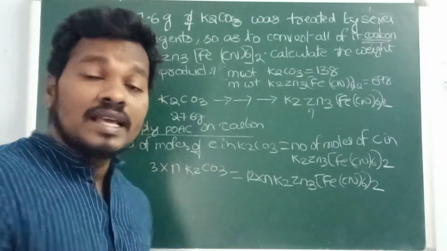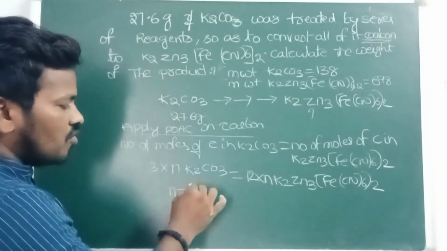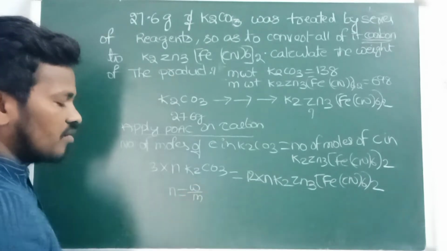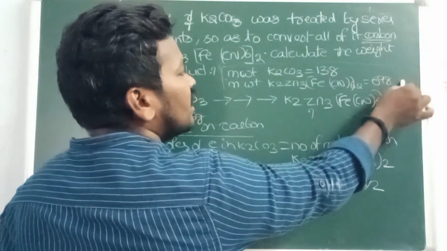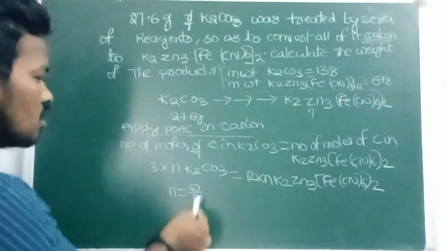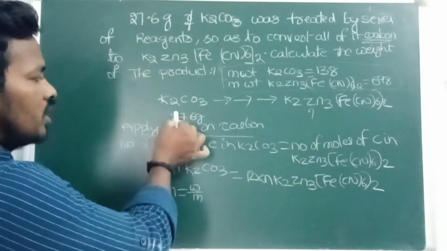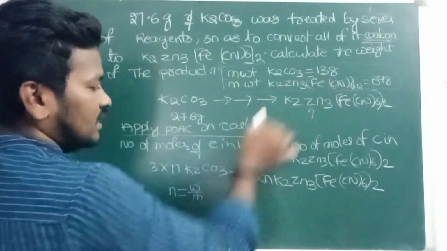So we know that number of moles is equal to weight by the molecular weight. Already in the question they have given the molecular weight. So same thing, weight how much? 27.6 gram. Molecular weight for this K2CO3, how much? 138.